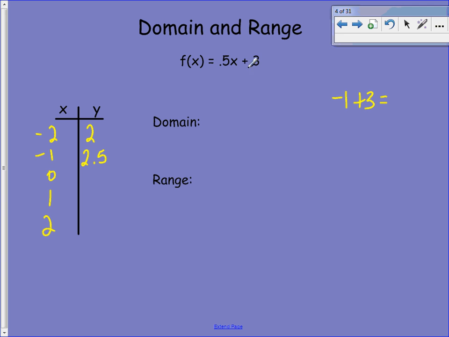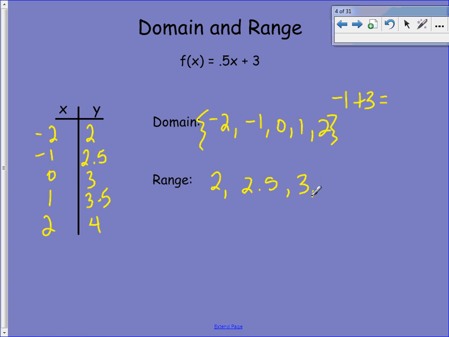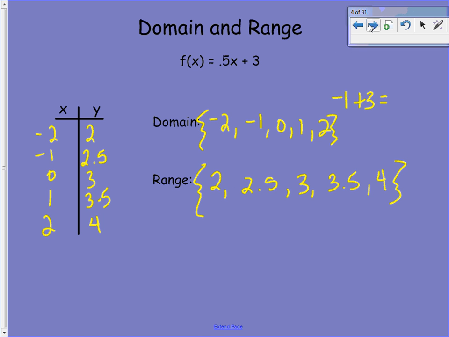If I plug 0 in, what do I get? 3. If I plug 1 in, what do I get? 3.5. What's 1/2 of 2 plus 3? 4. So my domain, I'm going to list in my set. My range is 2, 2.5, 3, 3.5, and 4. I'm hoping at this point you guys have a clear understanding when reviewing domain and range.